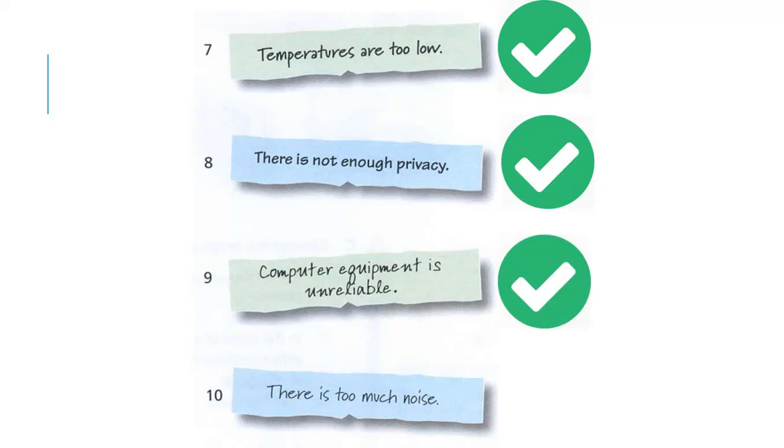So that means that computer equipment is unreliable. You don't really feel comfortable working with it because it doesn't respond as expected. And complaint number 10, it says there is too much noise. So when there's too much noise, there is sound everywhere, and probably you need the space to be quiet, but you get sound from different sources.